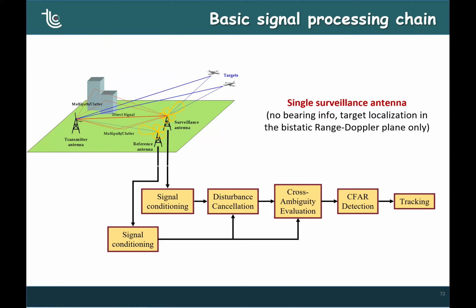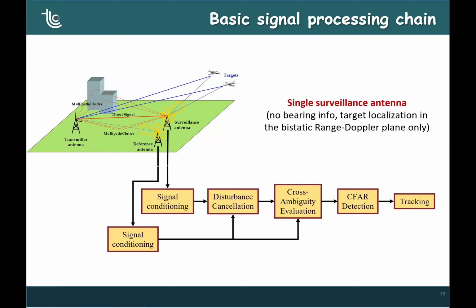Okay, perfect. So, good afternoon again, everyone. Today we will continue on the passive radars. Yesterday we have seen the geometry of the bistatic systems, the importance of some parameters like the bistatic range, bistatic Doppler frequency.